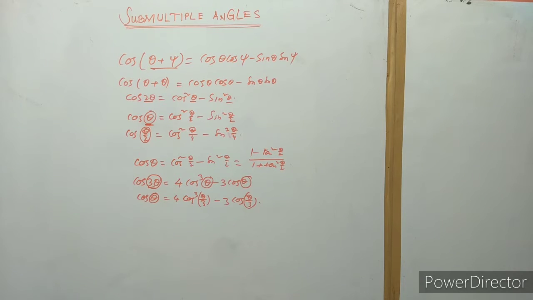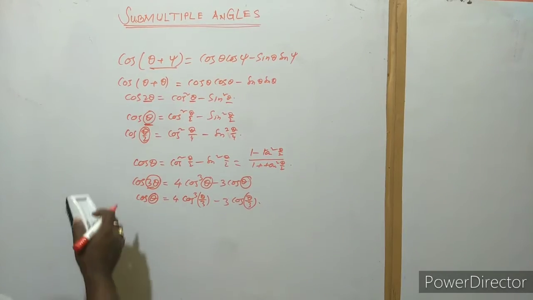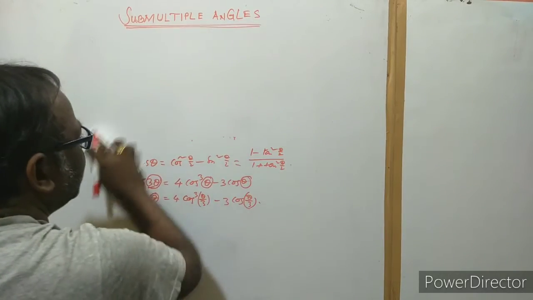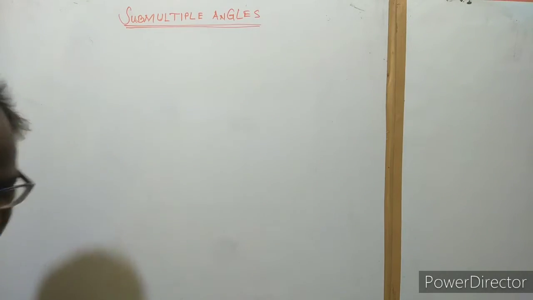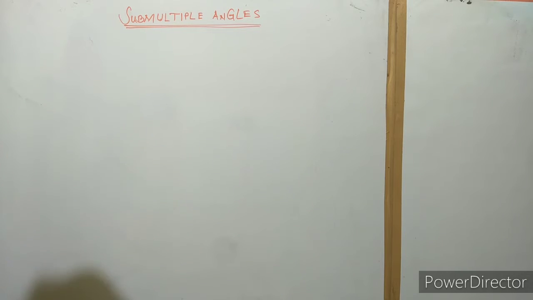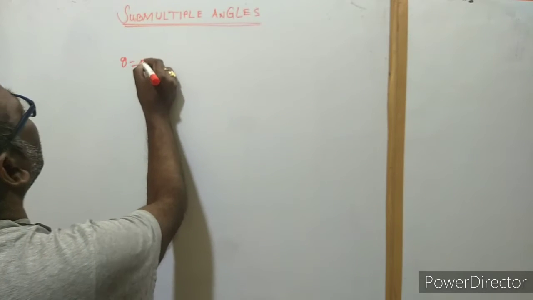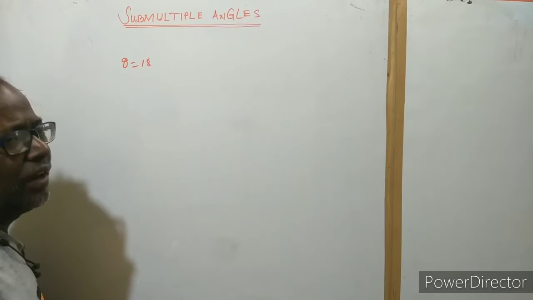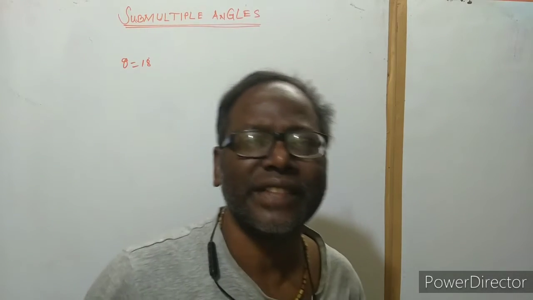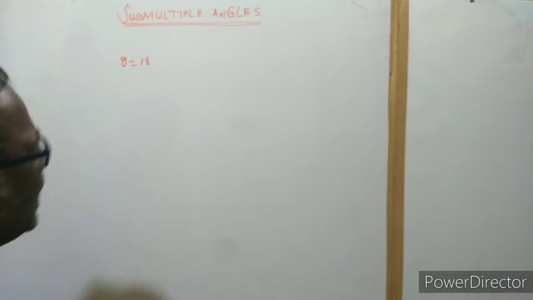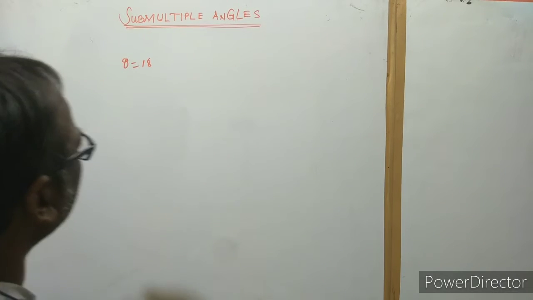Now I want to discuss some points with all of you, like sin 18 and cos 18. In that chapter we also introduced, if theta is 18, then what is the value of sin 18, cos 18, and the multiples of 18: 54, 72, like that.